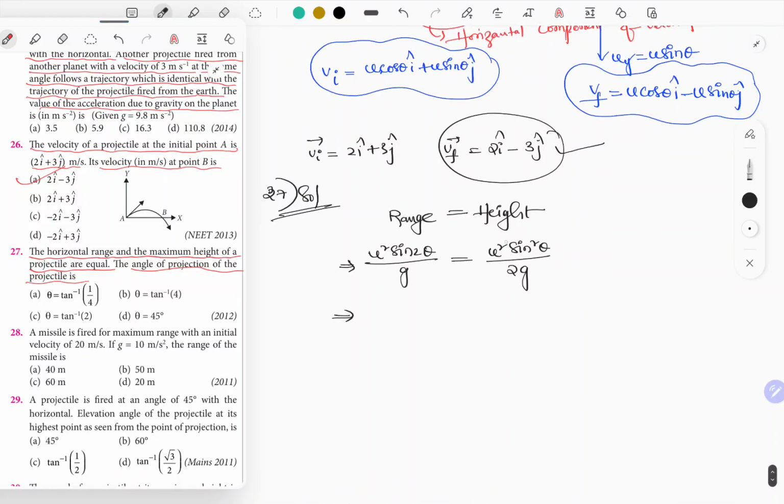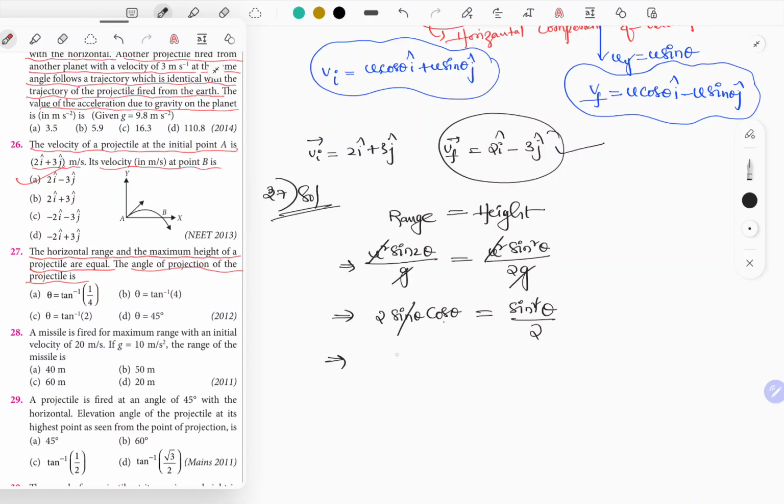So u square and g will get cancelled out. Sine 2 theta can be written as 2 sine theta cos theta, which is equal to sine square theta by 2. So sine theta will get cancelled out.